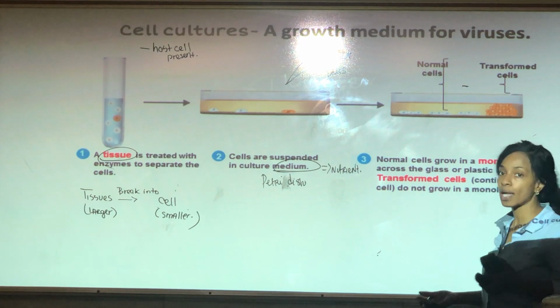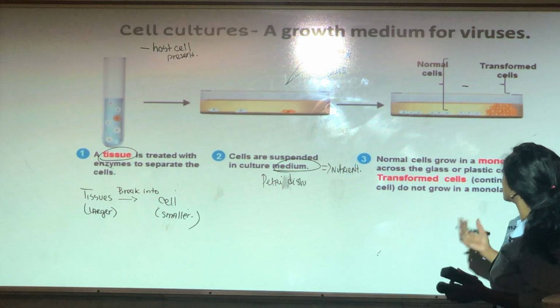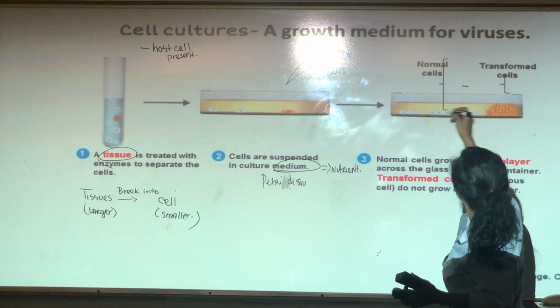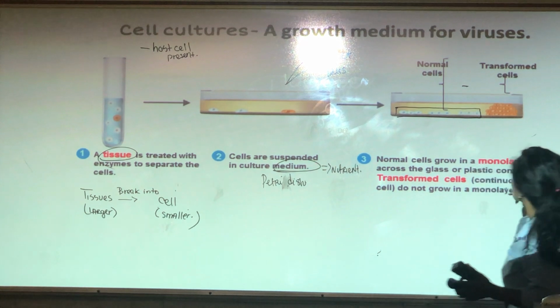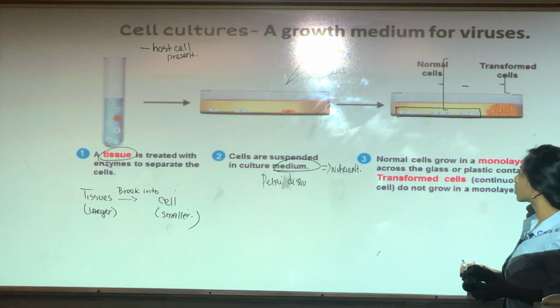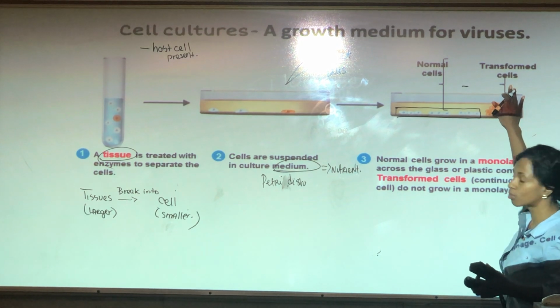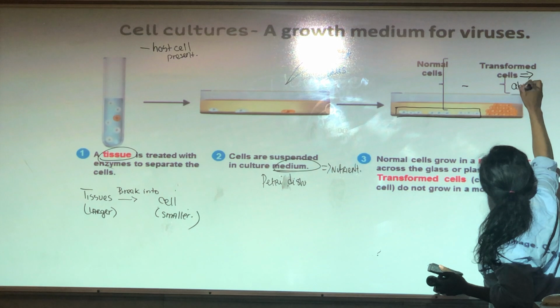And when we see a sign, we know something is wrong. So there's different ways to detect this. Normal cells, as they show you here, they grow in a flat layer. And sometimes when we inject our whole cells with viruses, we can see the transformed appearance. And transformed appearance represents an abnormal growth.